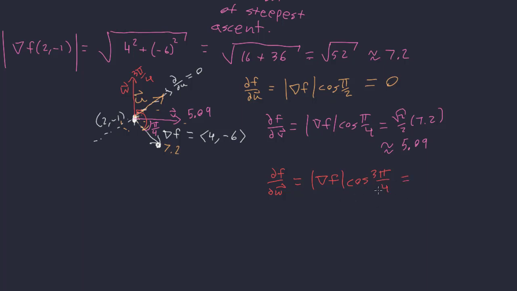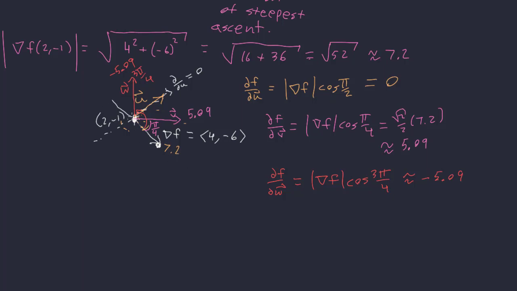So 3 pi over 4, cosine, this will be in quadrant 2, it will be negative. And so it will end up being negative 5.09. So now we've swept from 7.2 to 5.09 down to 0 to negative 5.09.